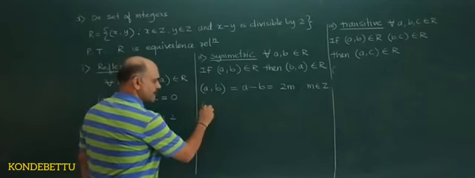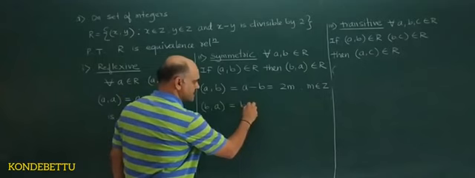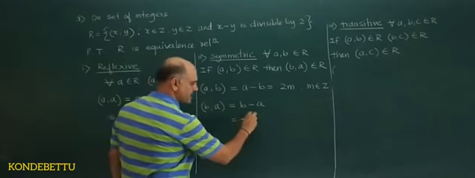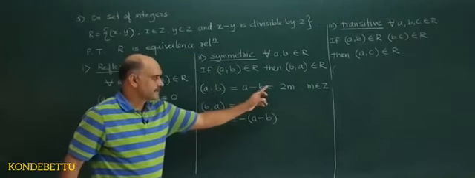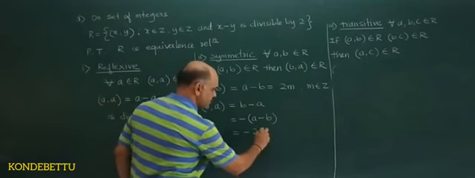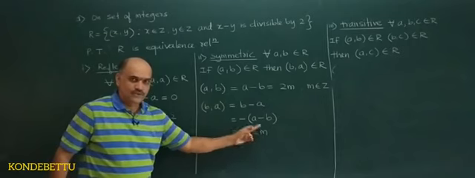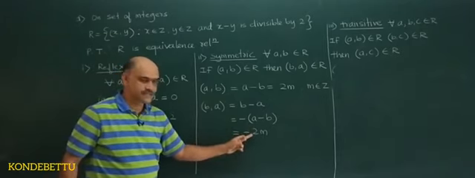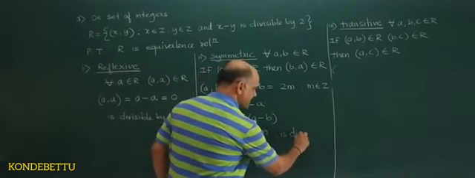So (b, a) will be equal to b minus a. Again I will take minus common, in bracket I will have a minus b, but a minus b is 2m, so this is equal to minus 2m. So again you are having 2 in this term, means it is a multiple of 2, means it is divisible by 2. So again you write it is divisible by 2.